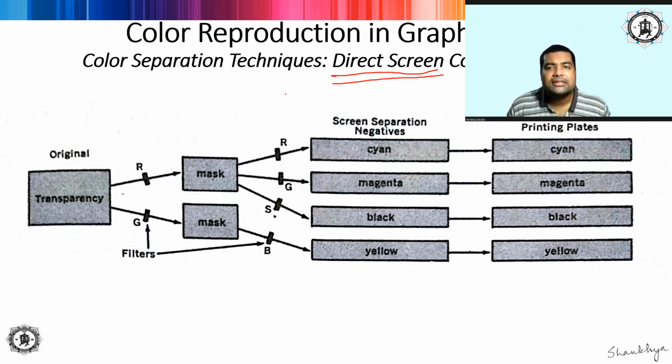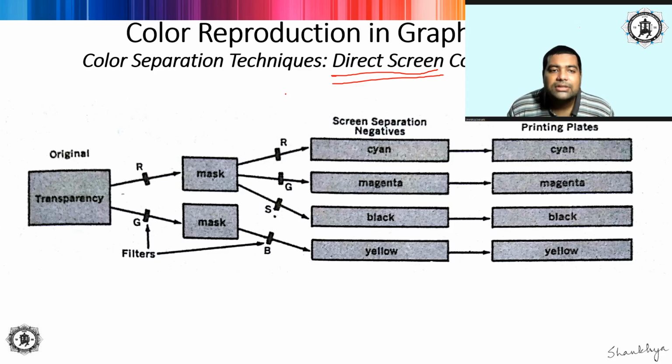So there are advantages and disadvantages of both these techniques. We'll not really discuss that at this particular stage. We'll be discussing it at the end, when we have completed our discussion on the individual color separation techniques, and of course in the end we'll also be talking briefly on the electronic method of color separation using color scanners.